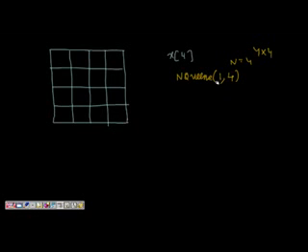For NQueens(1, 4), first we try to place the first queen here. I am moving this way, trying all the possibilities. So first we make x of 1 equal to 1. Then I call NQueens(2, 4).